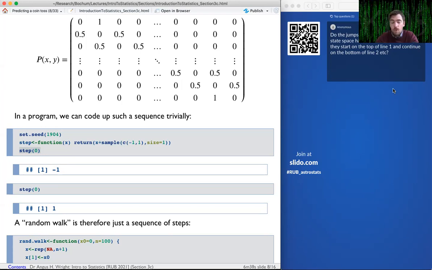multi-dimensional random walk. In a multi-dimensional sense, the probability of stepping from the top corner to the bottom corner is determined by the transition probability. Let's say this is a two-dimensional state space, then X is actually a vector quantity, X1, X2, and Y is a vector quantity, Y1, Y2.